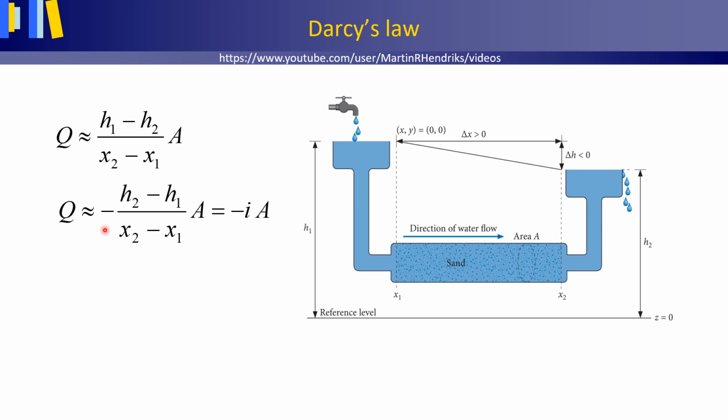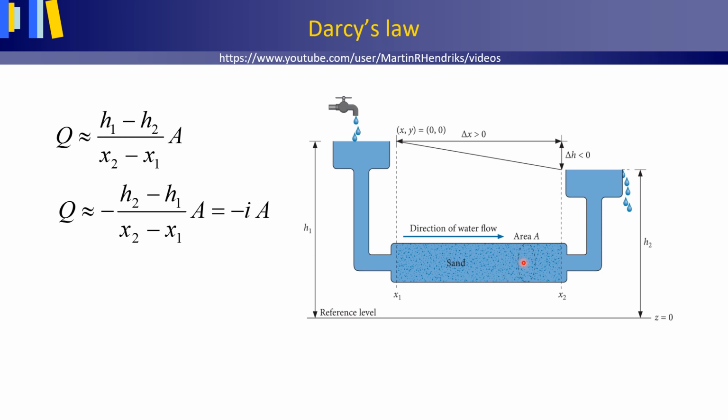The hydraulic gradient is defined as the difference in hydraulic head H2 minus H1 over the porous medium, divided by the distance x2 minus x1 over which this difference in hydraulic head occurs. The hydraulic gradient is given here as a small I, so Q equals minus the hydraulic gradient I times the area A perpendicular to the water flow.